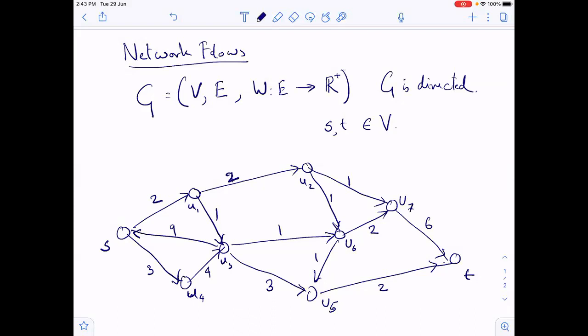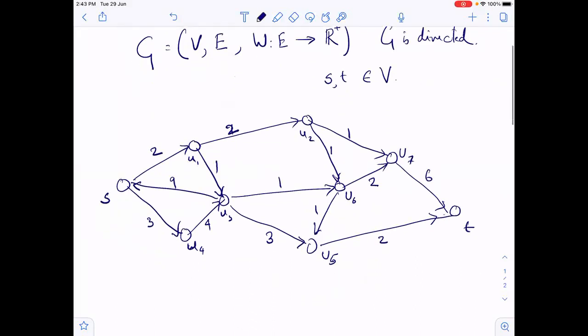Now, you should always think of this as a kind of network in which you have a start state, a terminal state, and some nodes. These are stations in the middle, and each edge has a capacity. Sometimes the weights are called capacities of the edge.